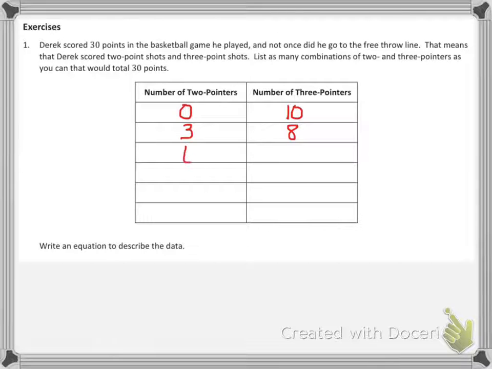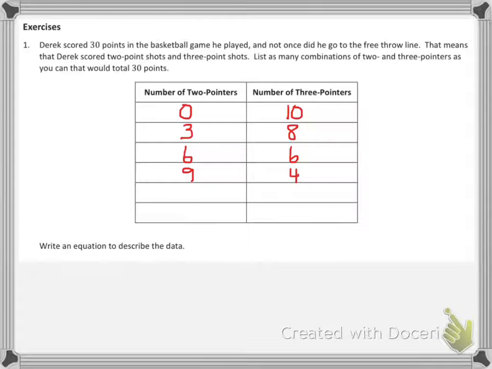Let's try 6. If we make 6 2-pointers, that's 12 points. That would leave 18 points left to make on 3-pointers, and 18 divided by 3 is 6. Okay, so 6 3-pointers and 6 2-pointers, that would work. What about 9? 9 times 2 is 18. Take that away from 30, that leaves 12. 12 divided by 3 is 4, so that's 4 3-pointers.